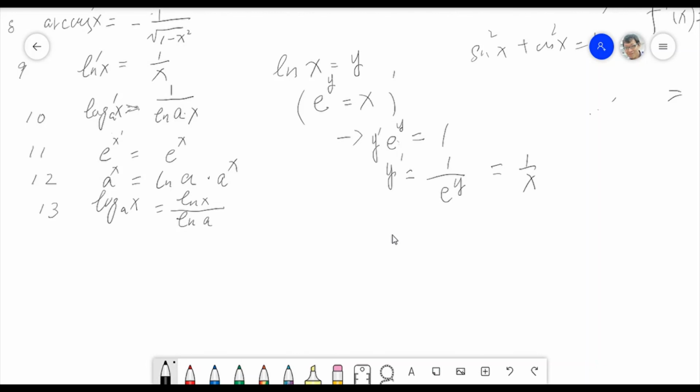We make a close to e, because if it is e, it will be easy.